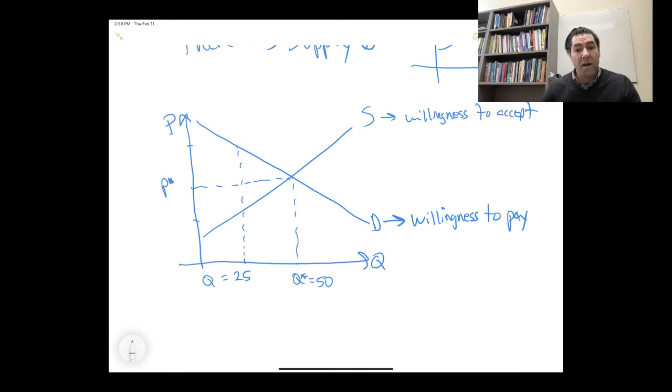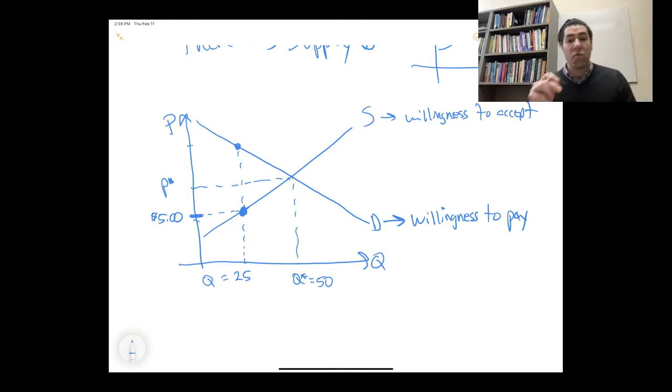So when the quantity is 25, below the equilibrium quantity, I know that the willingness to accept from supply is lower than the willingness to pay in demand. The willingness to accept in this example might be, let's say, $5.